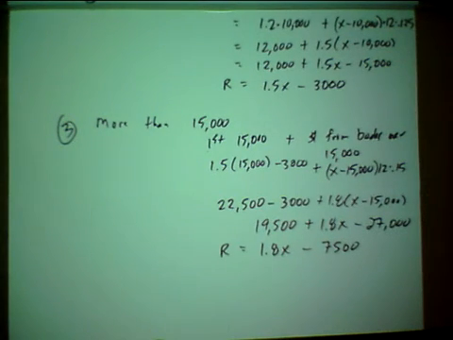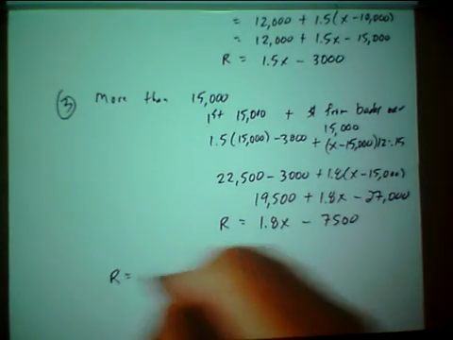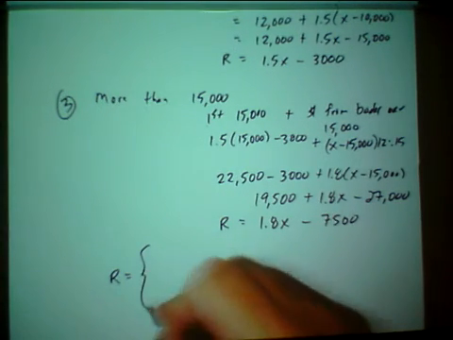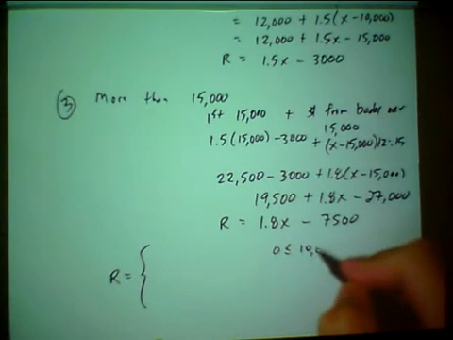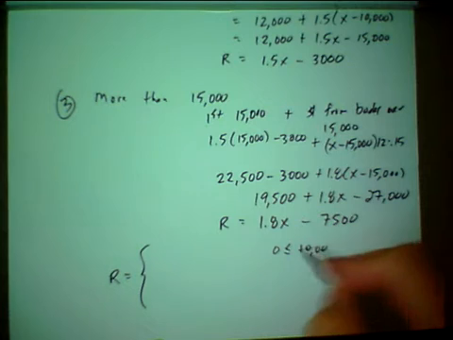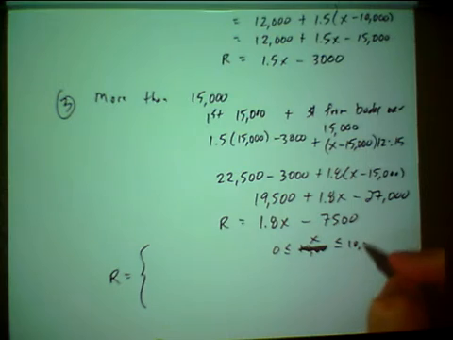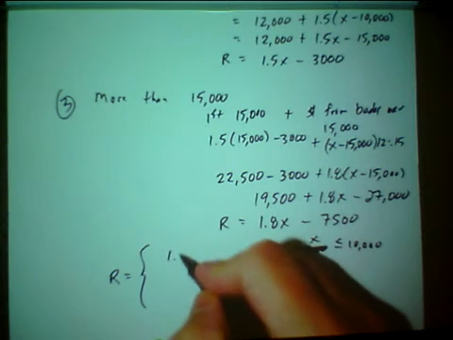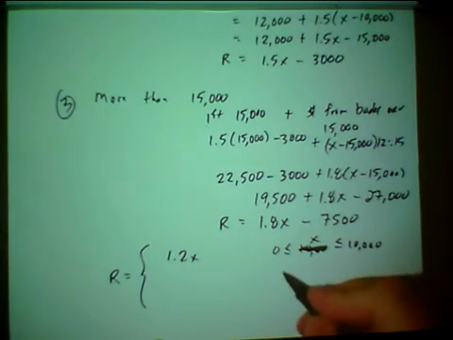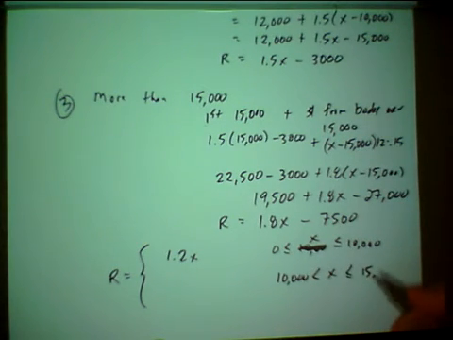So now I have three equations, and let's summarize now. So let's write it like this. R equals. So when the number of books x is from 0 to 10,000, that first level, we said our equation was 1.2x. And now the second level was from 10,000 to 15,000.